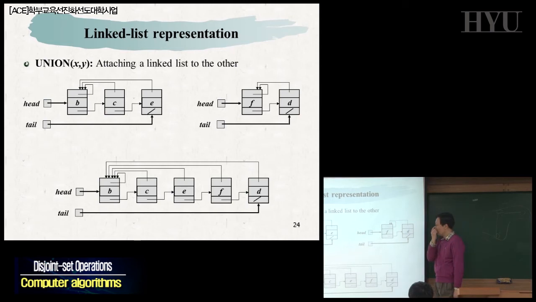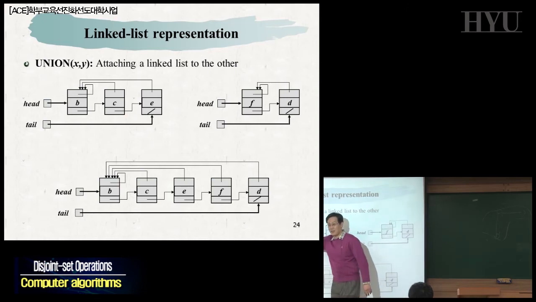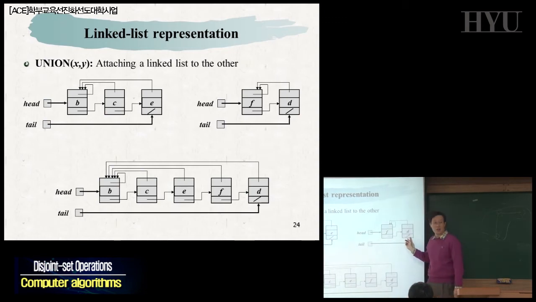Yes, more exactly, you missed one important thing. In this case, we remove this head and this tail, right? So this becomes the head, and this becomes the tail, right?